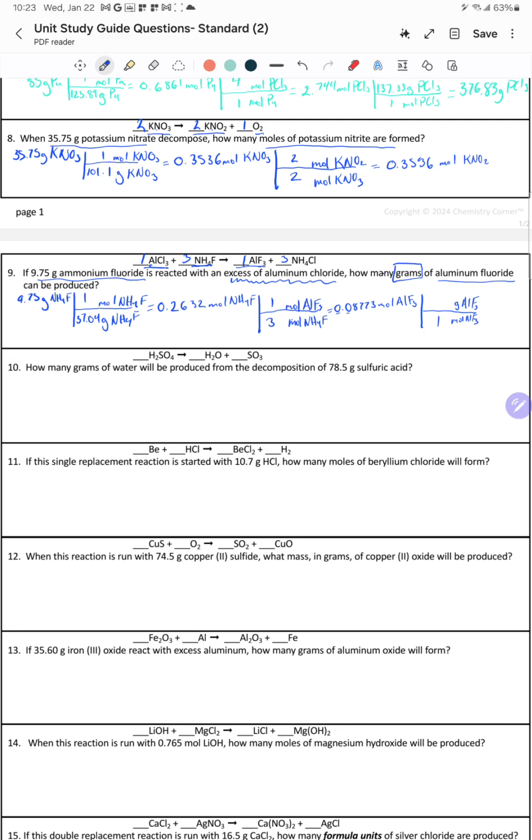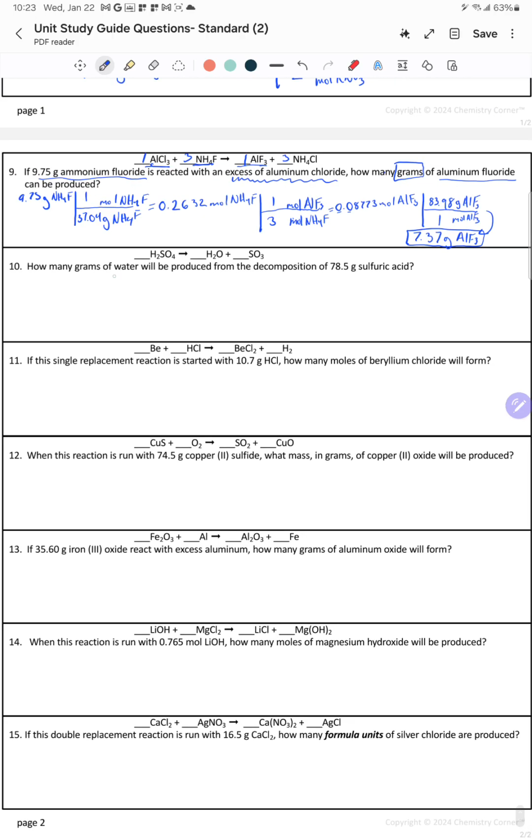I look at the molar mass for aluminum fluoride, and it's 83.98 grams. Now I multiply top divided by the bottom, and that gives me a total of 7.37 grams of aluminum fluoride. Okay, that's my answer. Move on to the next one.